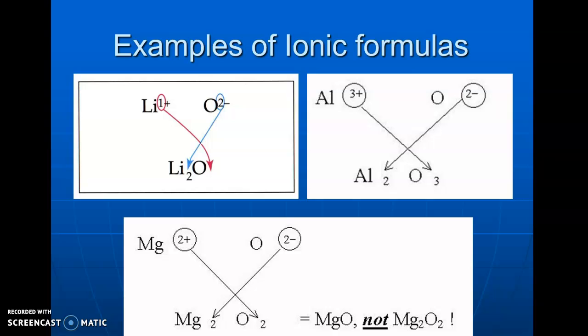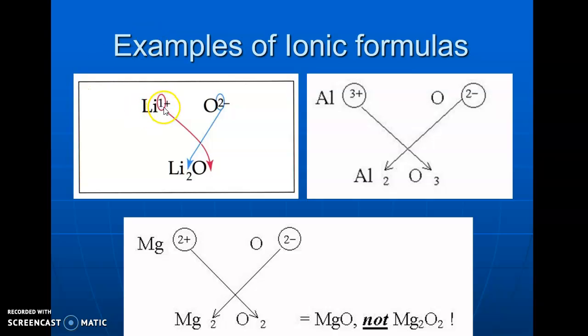So if we take a look at the top left here, when lithium combines with oxygen, it's called lithium oxide. The lithium is written Li with its +1 charge. The oxygen is written as O with its -2 charge. I know the charges because of their position on the table.